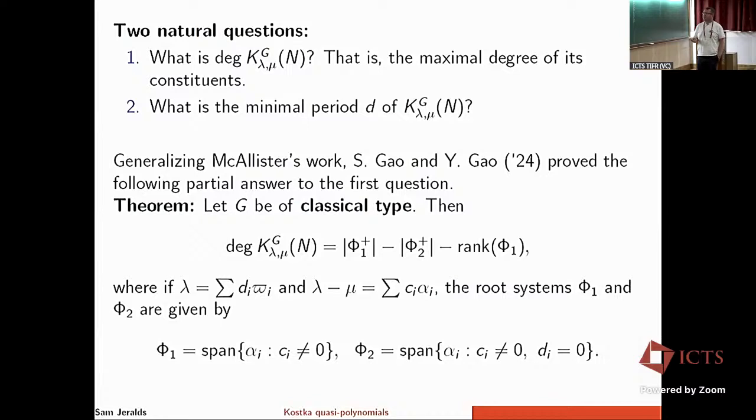So that's telling me this d equals 0 part, and then just the support of lambda minus mu. So we again don't see any real dependence on mu here, apart from where it is in the root lattice in relation to lambda.